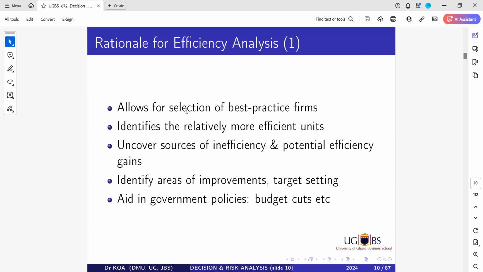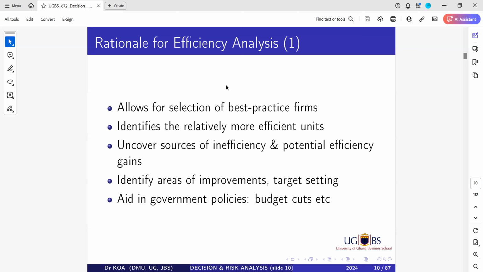All right. So the main thing we are looking at is efficiency of a company, efficiency of a country, efficiency of anything. And we want to understand why you got to learn efficiency.